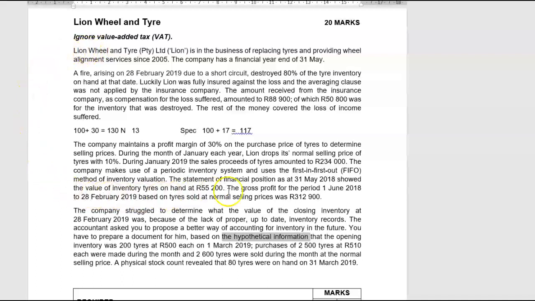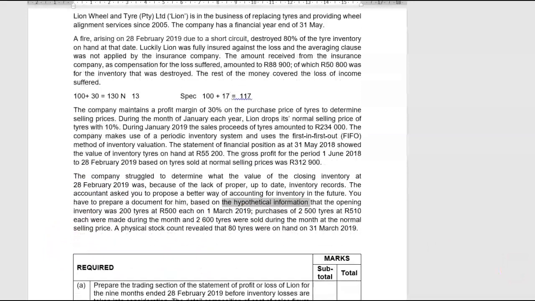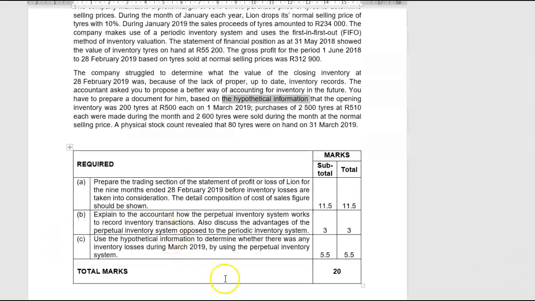The one was all about the loss, where you had to do certain calculations, and the second part of the question was all about the hypothetical information. So in the A part, prepare the trading section of the statement of profit or loss for the 9 months ended 28 February 2019 before inventory losses are taken into consideration.